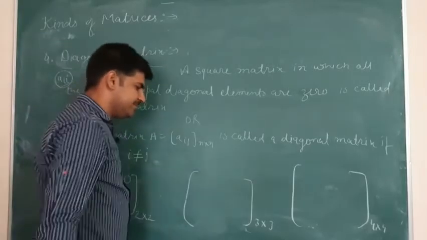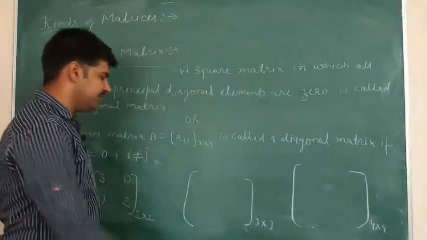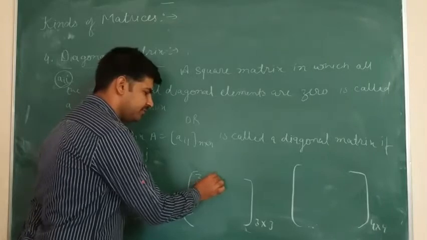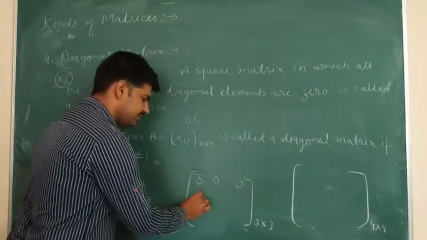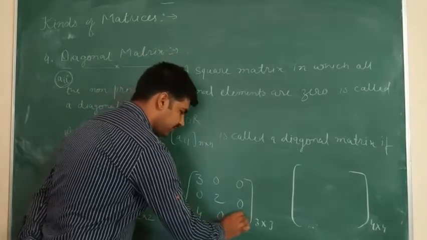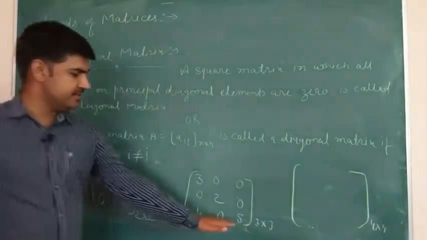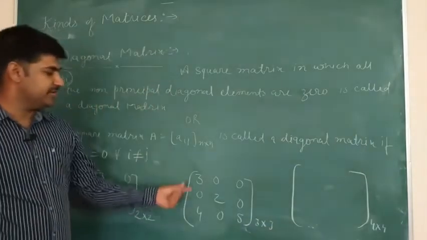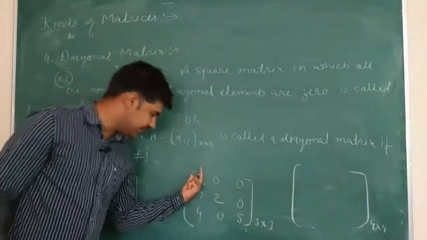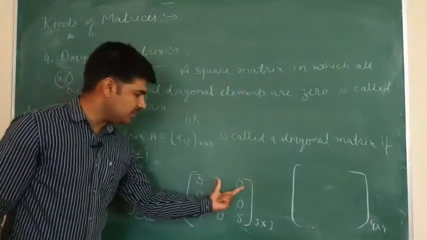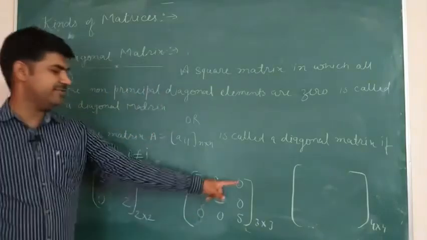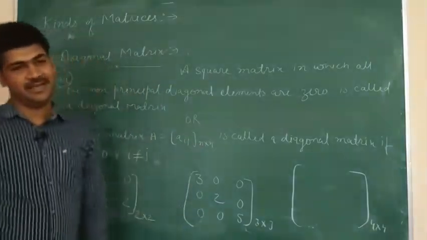Talking about this square matrix of order 3 by 3, in this the first element, suppose 3 I have put, then 0 0, then 0 2 0, 4 0 5. What you notice in this square matrix of order 3 by 3, these are the elements of the principal diagonal. Apart from the elements of the principal diagonal, all other elements are 0. Therefore this is a diagonal matrix.